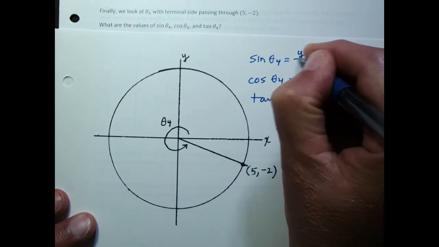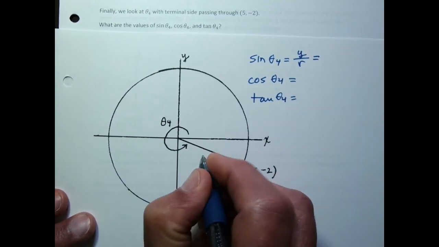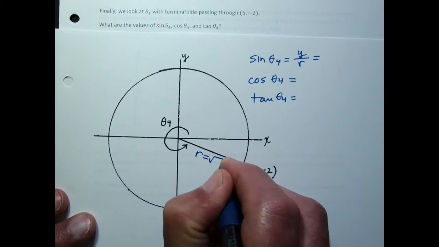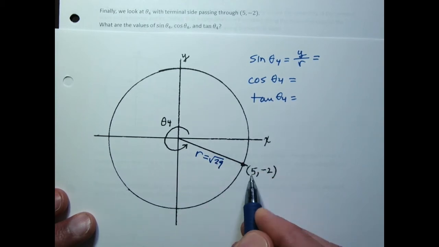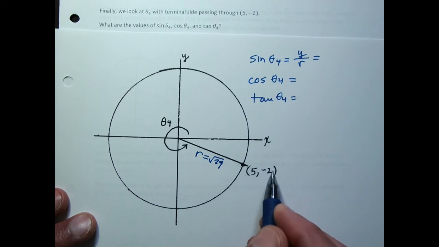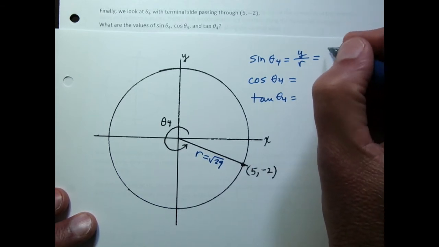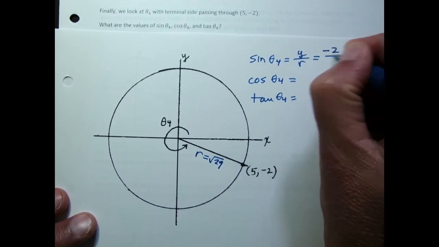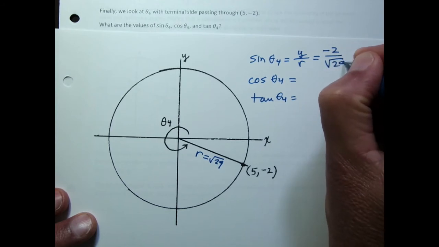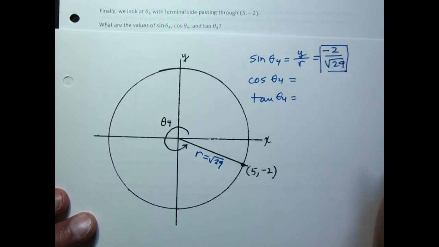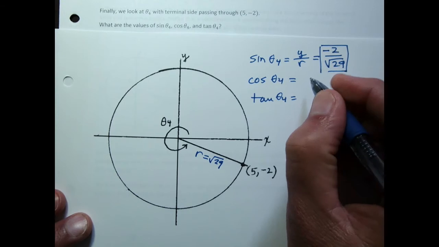And sine is y over r. Radius, again, is square root of 29. Even though x is positive and y is negative, the coordinates of this point satisfy that same circle equation. And so y is negative 2 over radius square root of 29. So sine of theta 4 is negative.